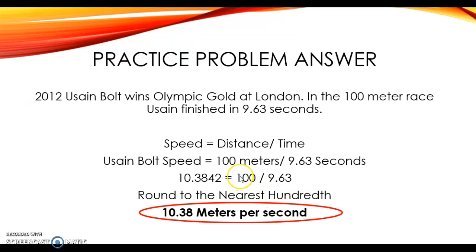If you punch that into your calculator or do it on your paper and write it all out, you'll get 10.3842 and a couple other digits. Again, round it to the nearest hundredth, and you get 10.38 meters per second. Okay, so in this particular race in 2012, he actually ran a bit slower than he did in the 2009 race, where he made the world record of 9.58 for the 100-meter race.